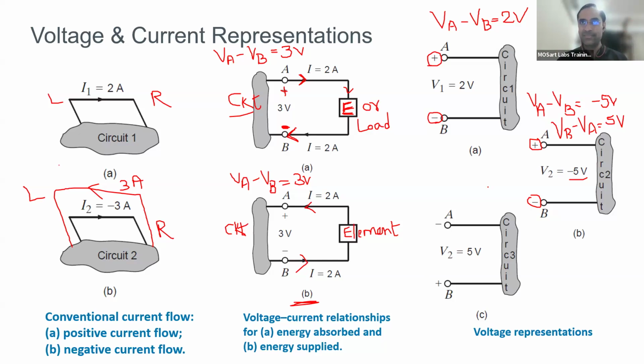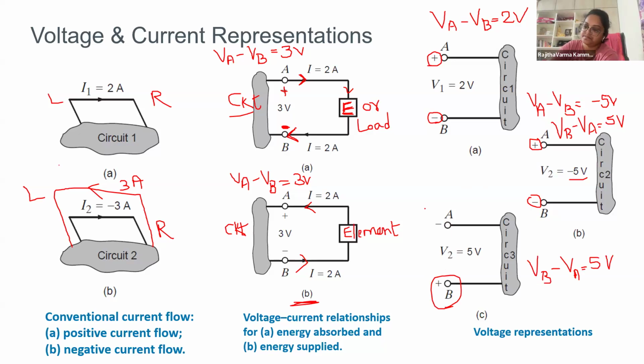Now same thing. Let's write down the second equation. Third, for C, how do you write the math? VB minus VA is equal to 5 volts. Again, what is the rule? We started with the positive terminal, VB, then the negative terminal, minus VA, and whatever is the magnitude, 5 volts.